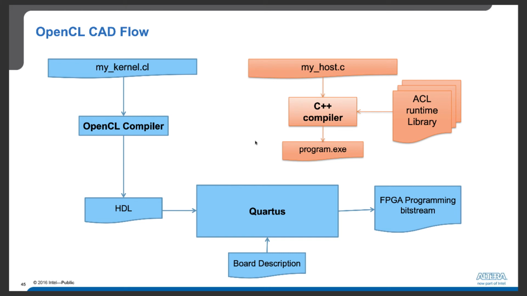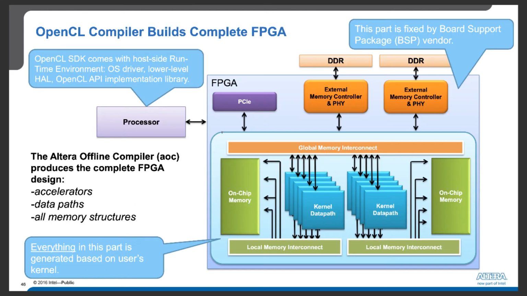On the host side, we also have a host program, and this host program will be compiled with a typical C or C++ compiler and linked with the OpenCL runtime library to generate the binary executable. In this process, the OpenCL SDK comes with the host-side runtime environment.